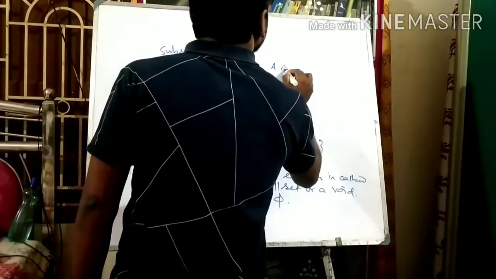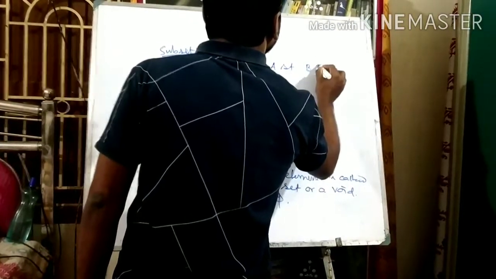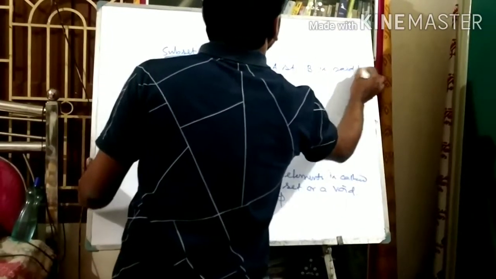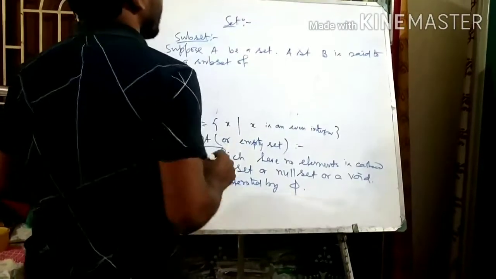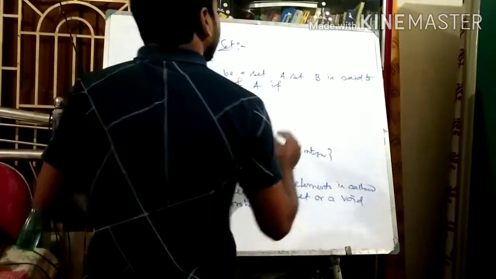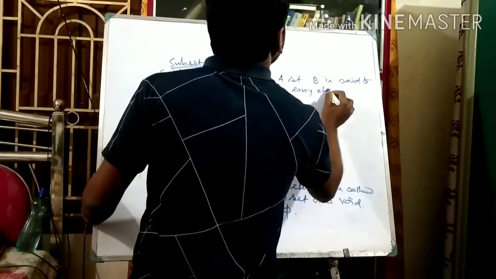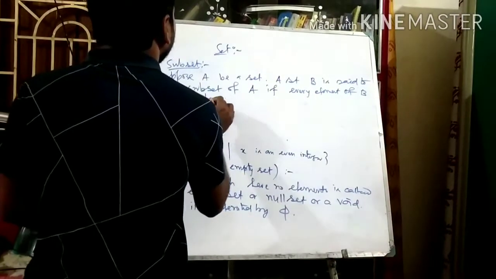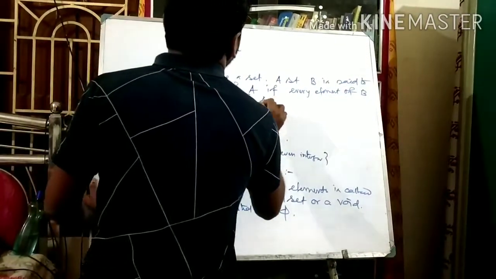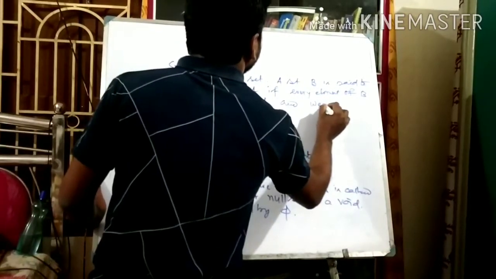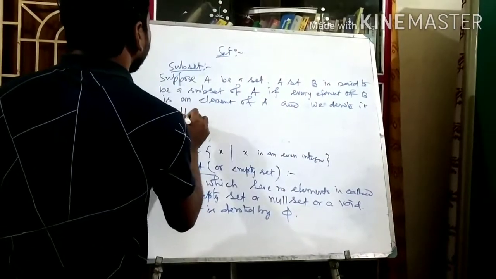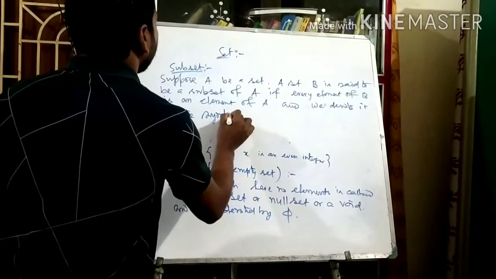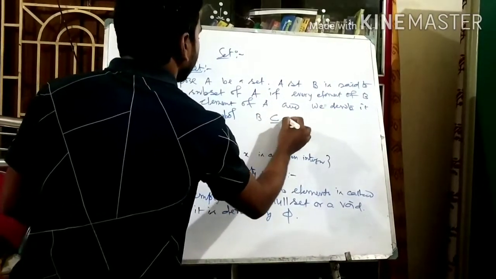A set B is said to be a subset of A if every element of B is an element of A, and we denote it by the symbol, say B is a subset of A.